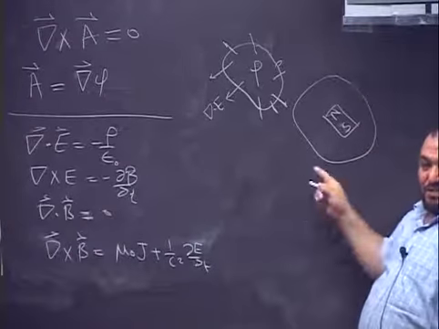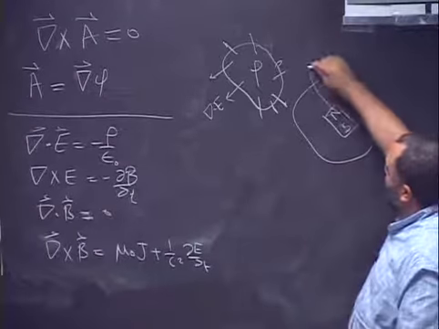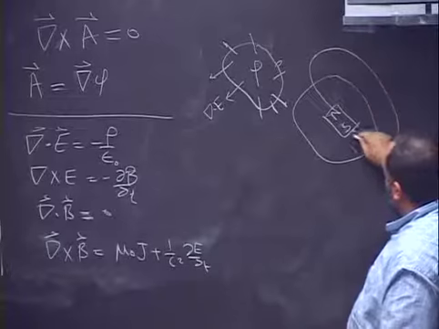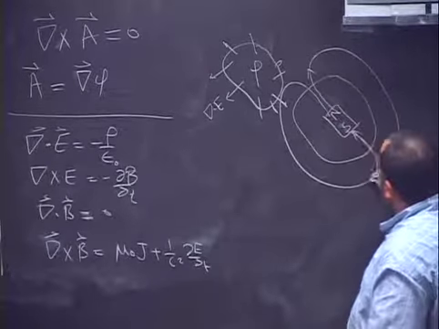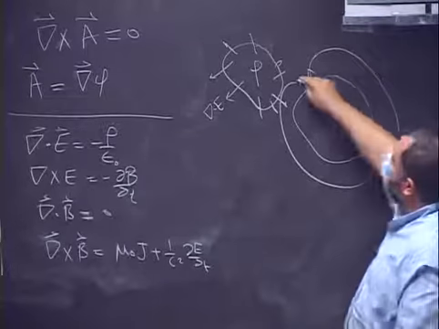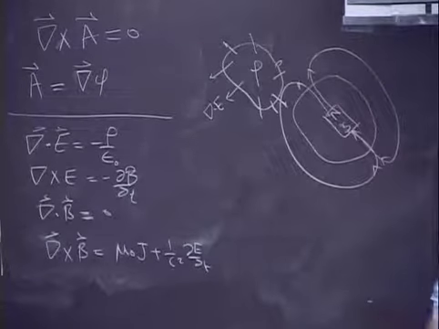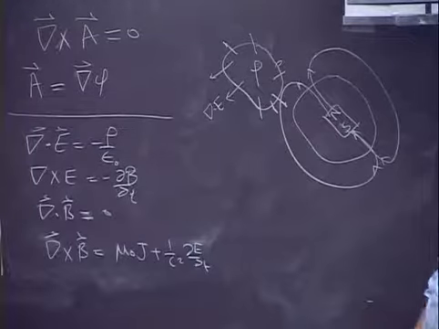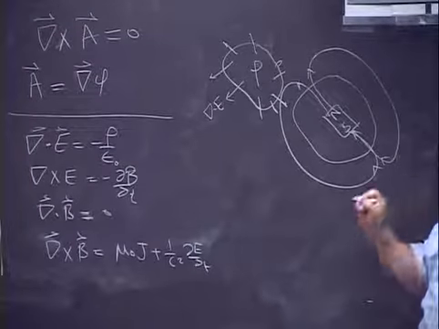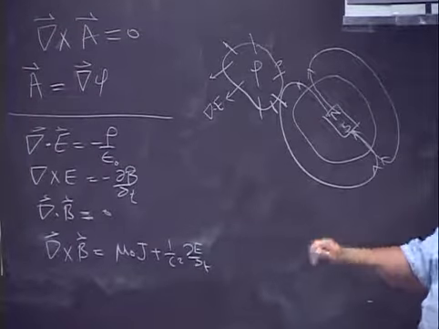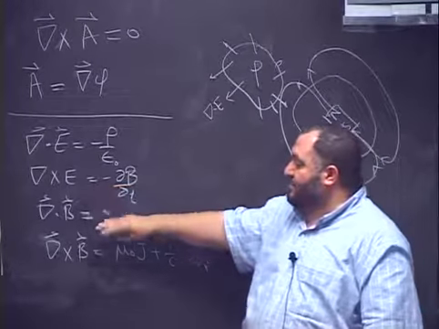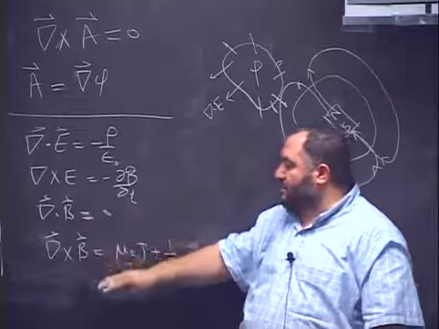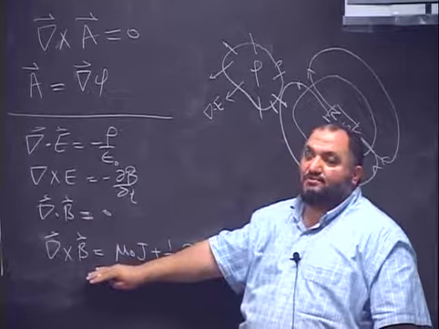So what's the net flow from the volume? Zero. So they call it monopole, and there is no monopole. This is called the Ampere law.